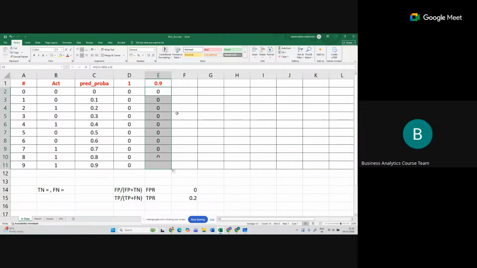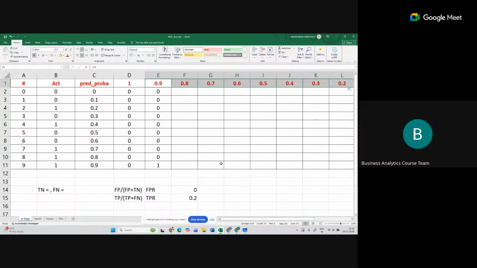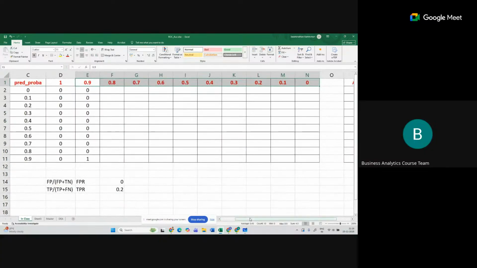Similarly, I can do this for 0.8, 0.7, 0.6, 0.5. You can drag it like this. I can do this for all the values from 0 to 1.